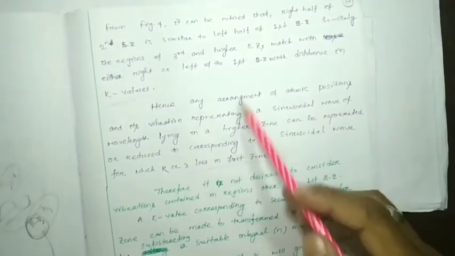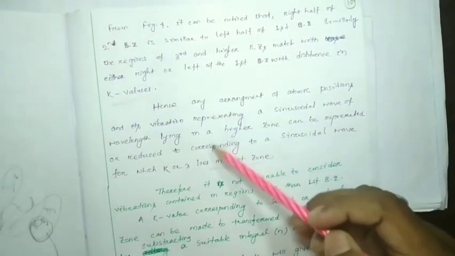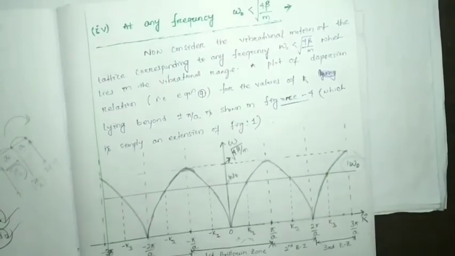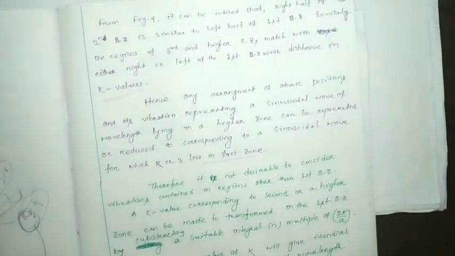So what it tells us is that any dynamics we are representing, in which way? In the way of the transverse or sinusoidal wave. Suppose a dynamics in the second Brillouin zone. That dynamics can be represented with the solution. Solution means this is the dynamics, meaning the displacement, right? So that displacement can be represented in this format.